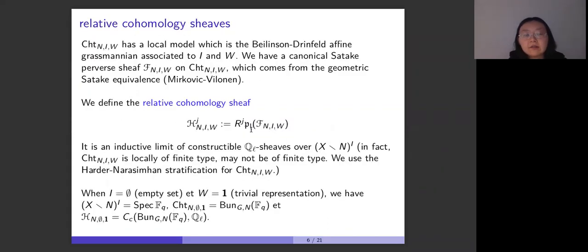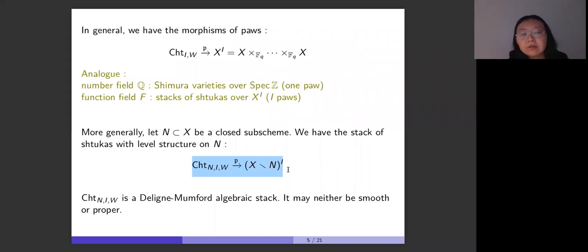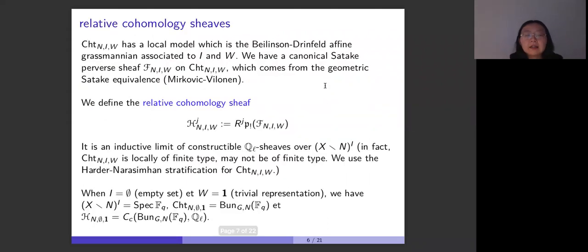You can consider a degree J sheaf for any degree. It is the degree J part of the direct image of your canonical sheaf. So this is a Q_l sheaf on a copy of X minus N. It is an inductive limit of constructible sheaves.